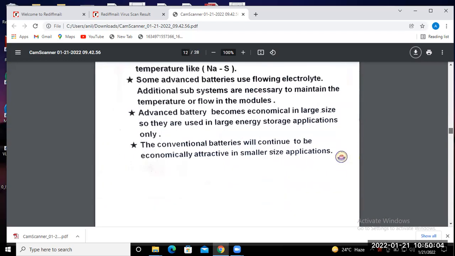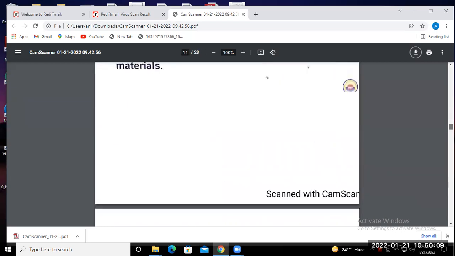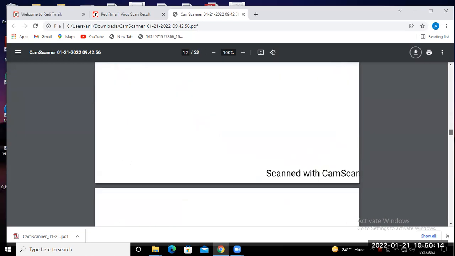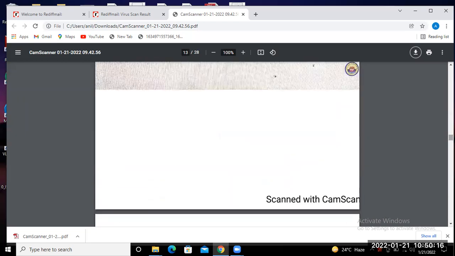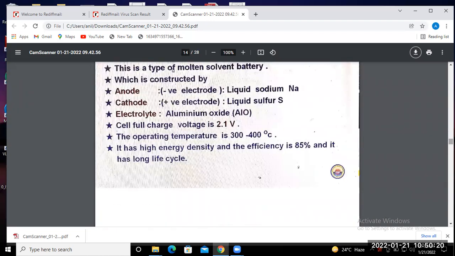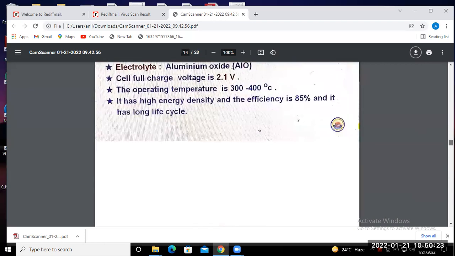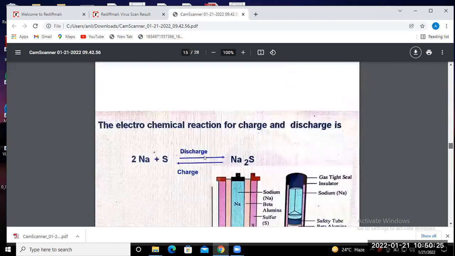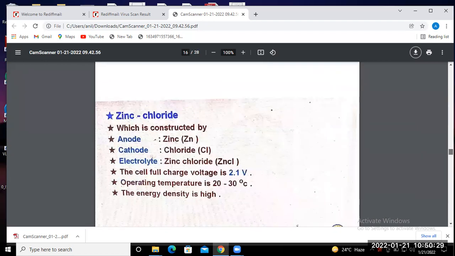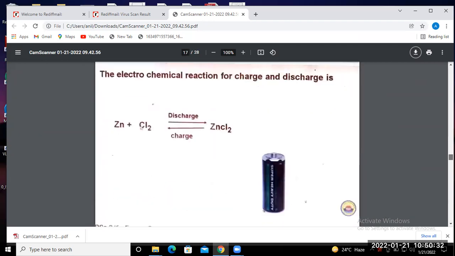Next is the electrochemical reaction for the zinc chloride battery.